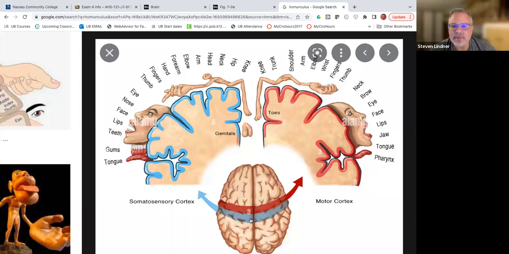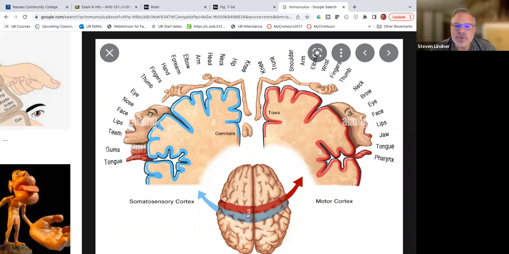The blue strip on both sides is the postcentral gyrus. Now, what information lies there? If you look at the picture, you see all different parts of the body. You see the lips, the face, the fingers, the legs, the tongue. We see the genitals. It's all represented by these two strips.